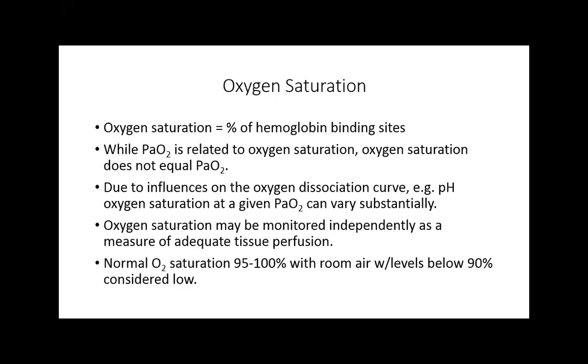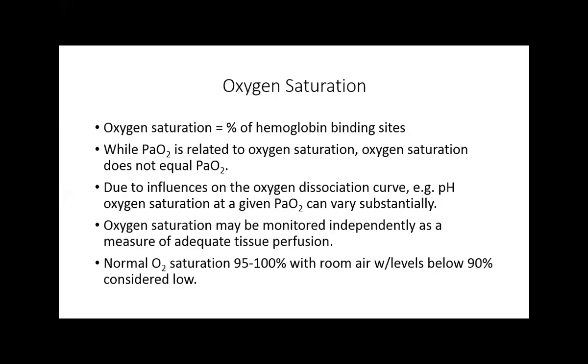But we monitor oxygen saturation not by taking a blood sample, but by using a pulse oximeter. If you've seen anybody in a hospital with a little device clipped onto their fingertip, that's a pulse oximeter.